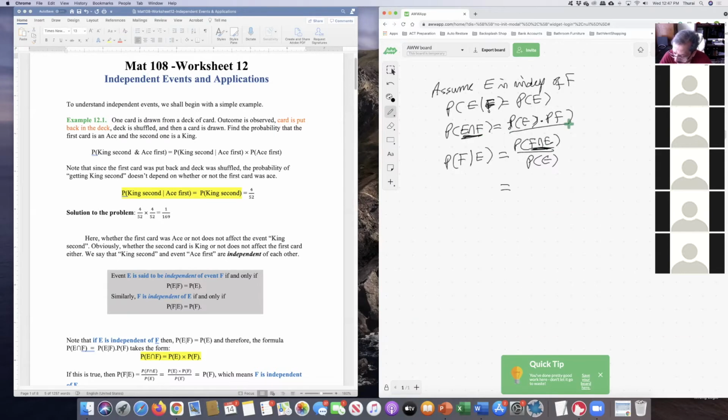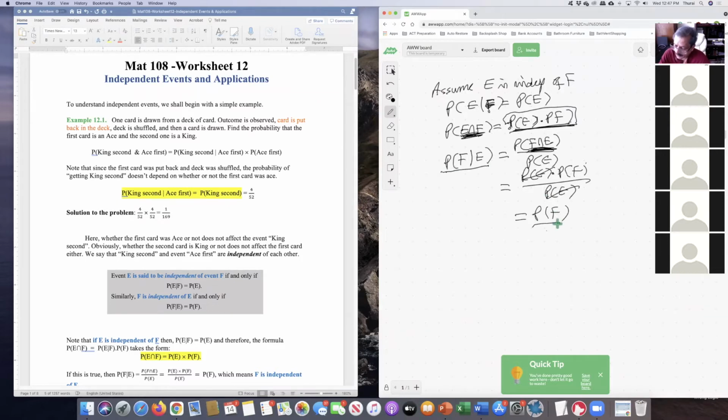So let me put that in place of the intersection. That will be probability of E times probability of F, divided by probability of E. You can see that these two cancel out to give you probability of F. I just proved that probability of F given E is equal to probability of F.